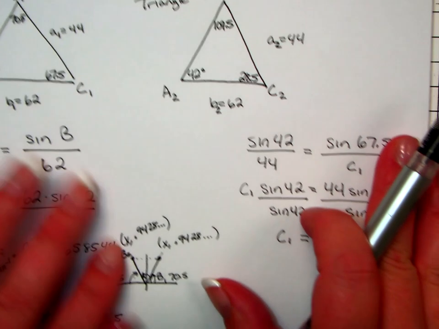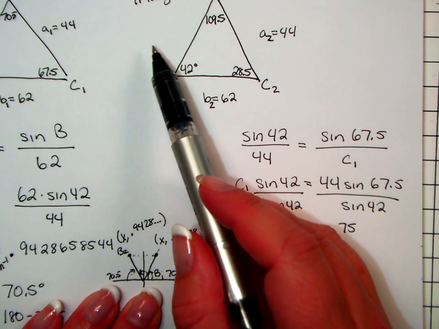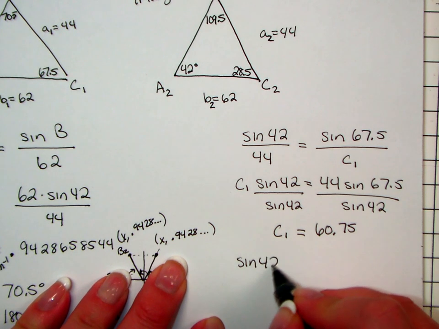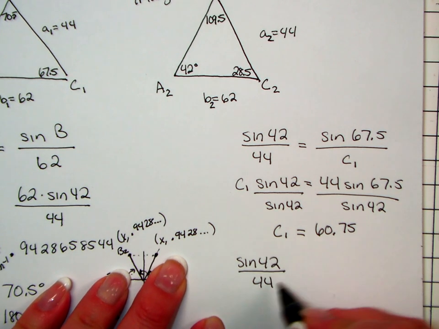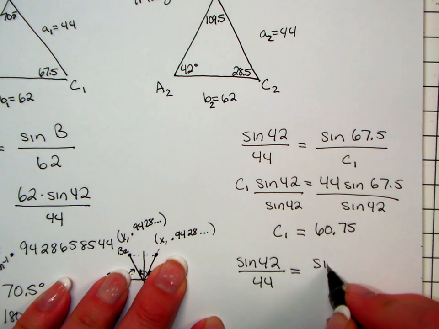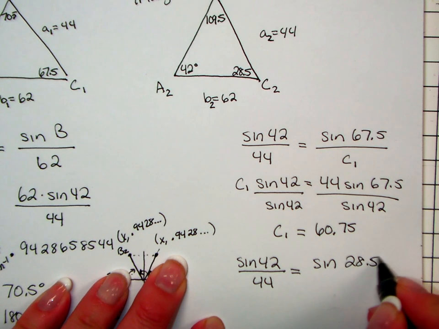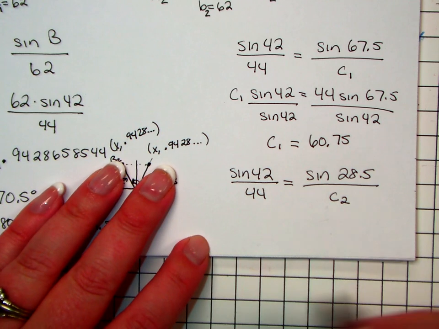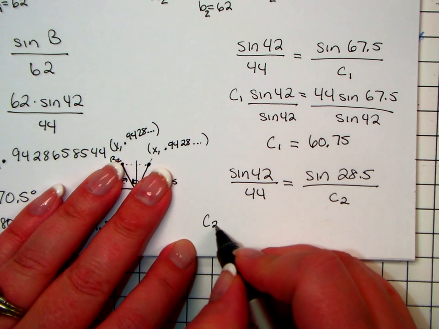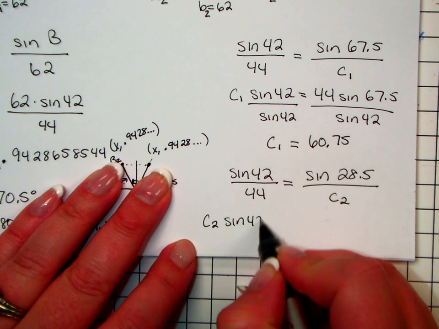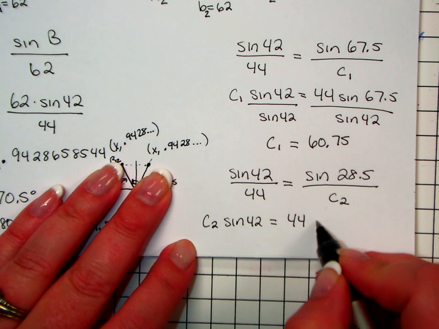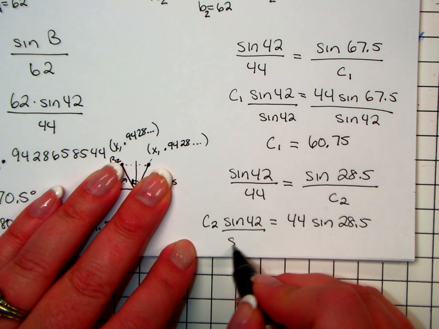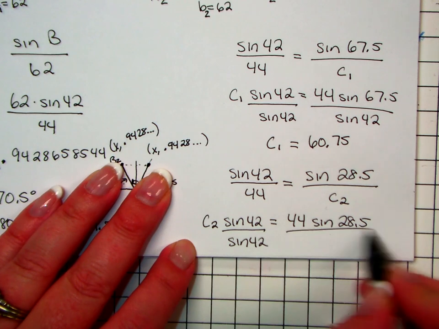So let's go ahead and solve for little c sub 2 as well. So I'm going to do sine of 42 divided by 44 equals sine of 28.5 divided by c sub 2. Cross multiply. Divide by sine of 42.